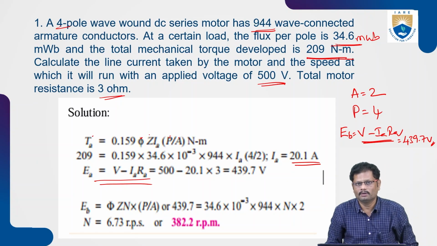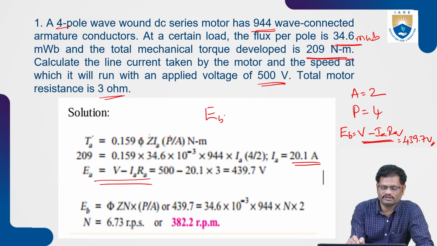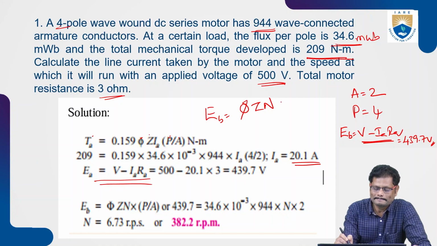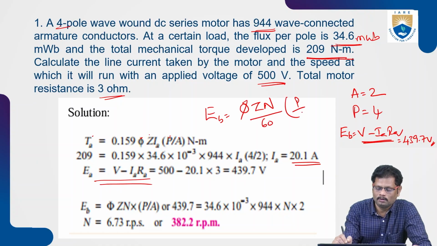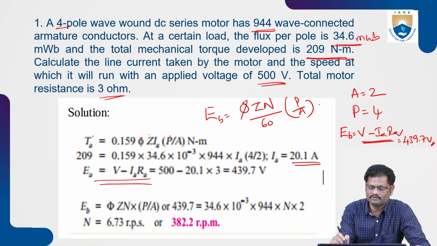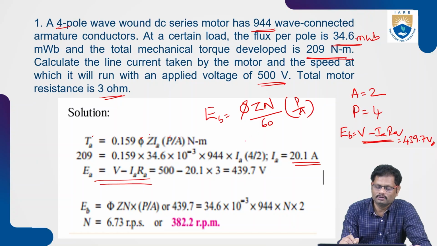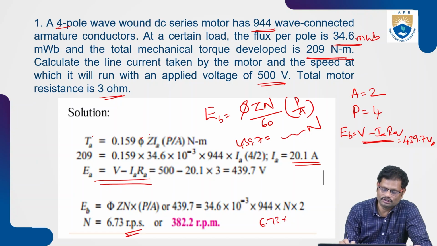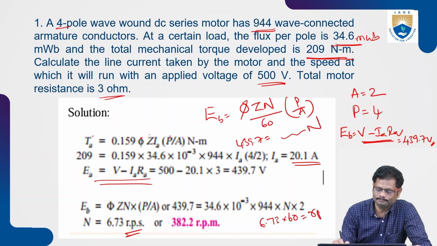We also know the back EMF formula in terms of phi ZN, EB equal to phi ZN by 60 into P by A. So after substituting 439.7 as EB and remaining all the parameters, we'll get the new speed as 6.73 RPS, or 6.73 into 60 RPM, which is nothing but 382.2 RPM.